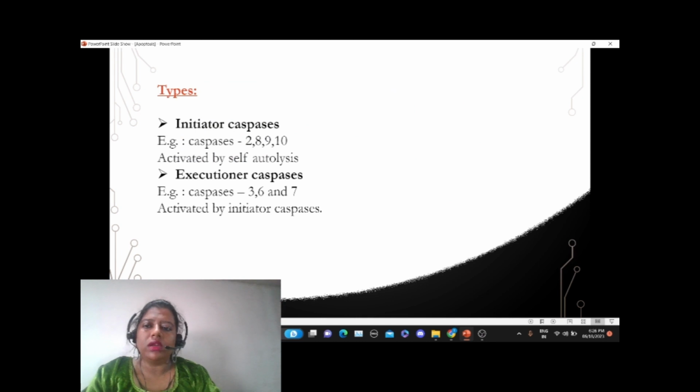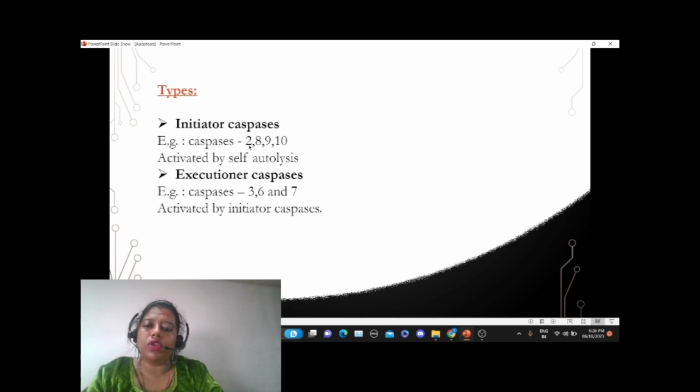Now we move ahead to the types of caspases. There are two types of caspase: initiator caspase and executioner caspase. Initiator caspases, as the name suggests, will initiate the process of apoptosis. They are activated by self autolysis, meaning as soon as they realize that there is any kind of cell damage, they are automatically activated by self autolysis, and they will initiate the process of apoptosis.